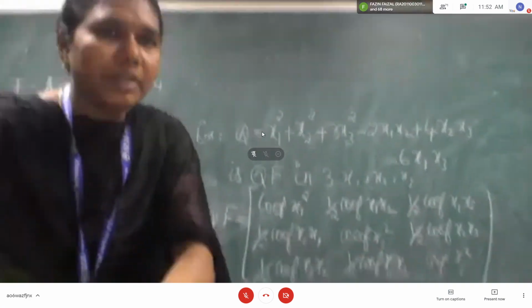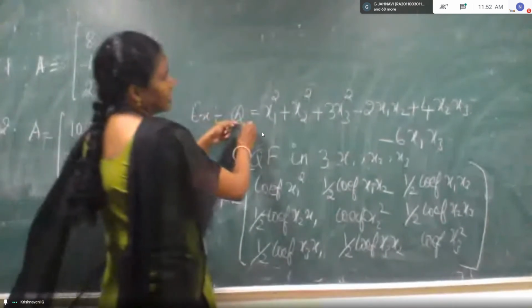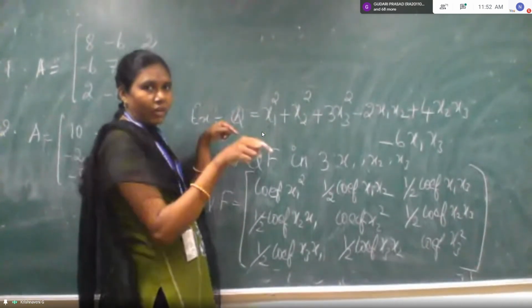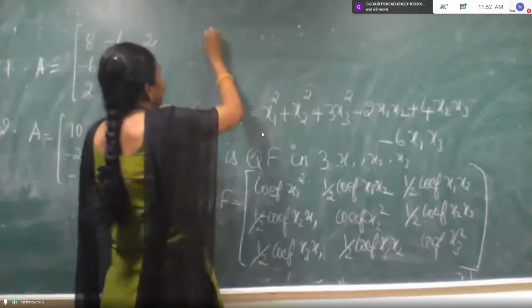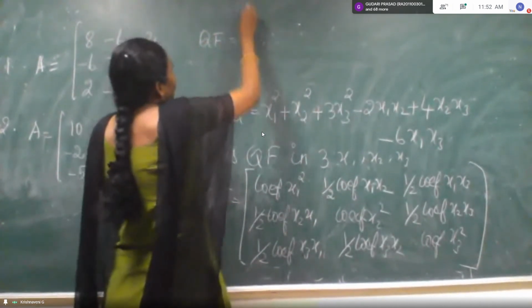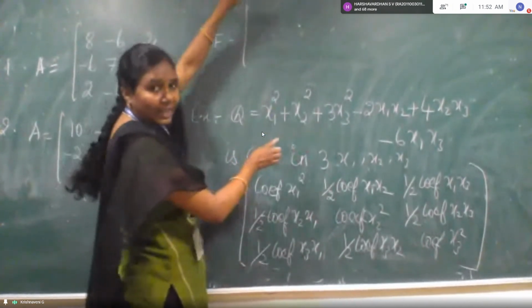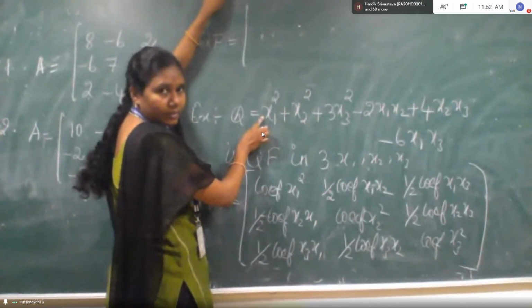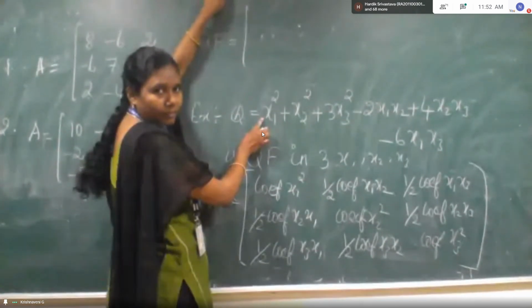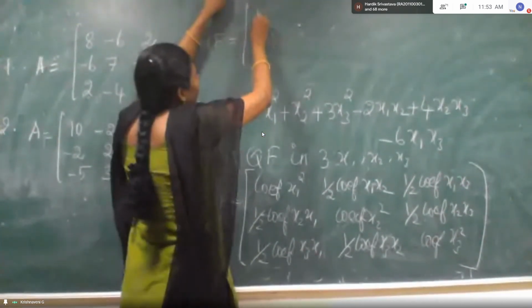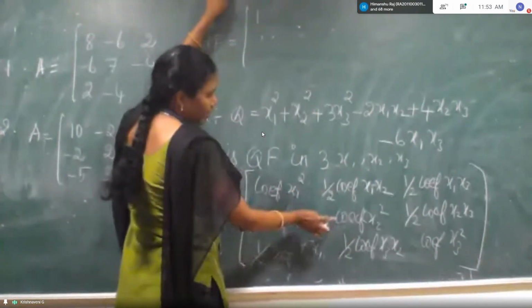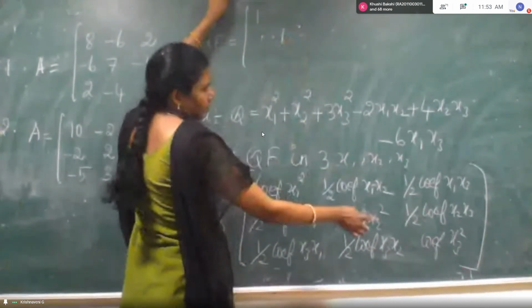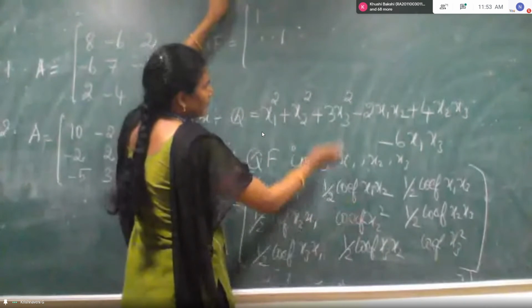For example, this equation is also a quadratic form only. Now we are going to write it in matrix form using this concept. First, we write the diagonal elements. Coefficient of x1 square is 1, coefficient of x2 square is 1, and coefficient of x3 square is 3. Diagonal elements: 1, 1, 3.